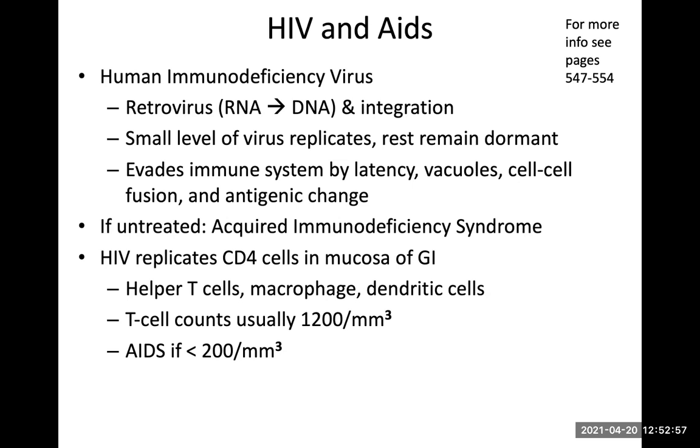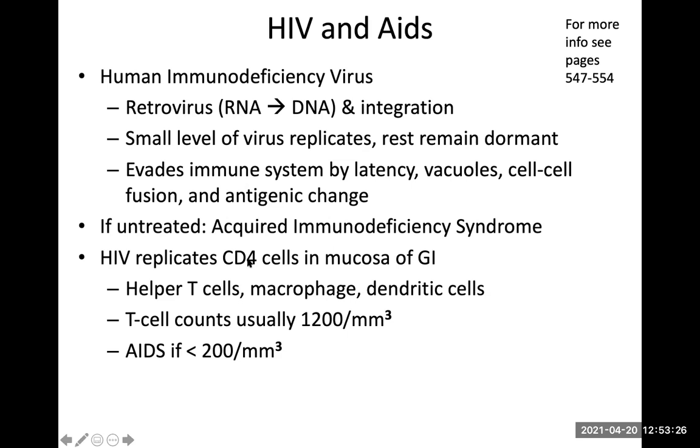Another way to say milliliter is mm cubed, which you'll see a lot in the medical field. Anyways, so the CD4 helper T cell count is going to drop to 200 or less. So it's such a significant drop, and that's when we start to see all the symptoms of AIDS.